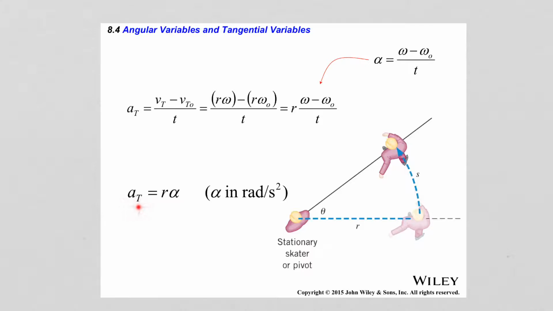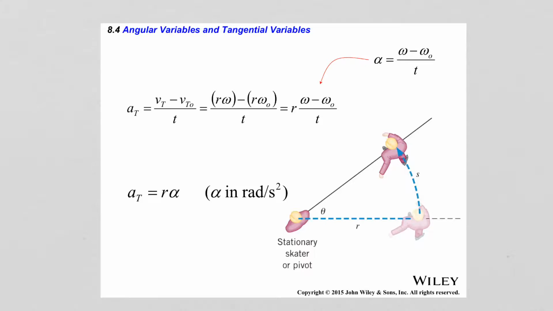The acceleration of each skater that increases their linear velocity is known as the tangential acceleration. And so the tangential acceleration is equal to the product of the radius of the circular trajectory and the angular acceleration of rotation.